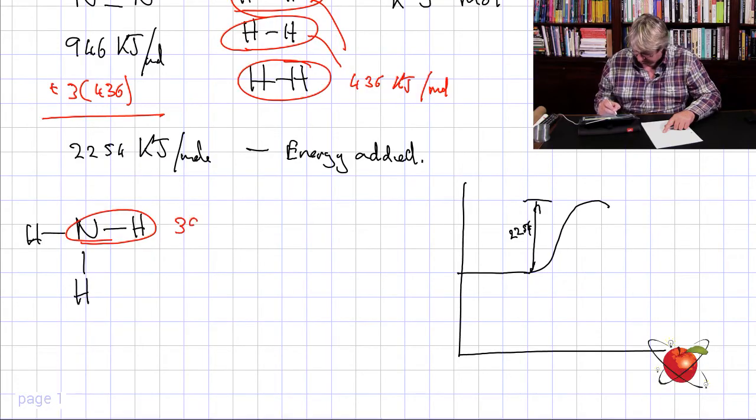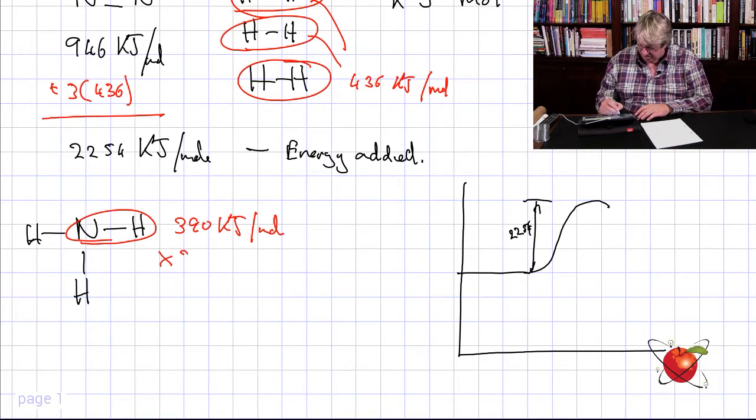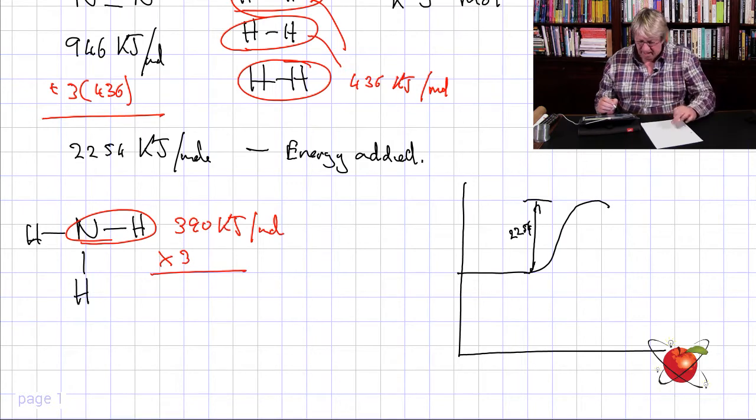That's what we're essentially trying to do in this process. So if you look on the table, you'll see the energy for one of those NH bonds is 390. But we've got 3 of them, times 3. But hang on, we've got 2, remember?